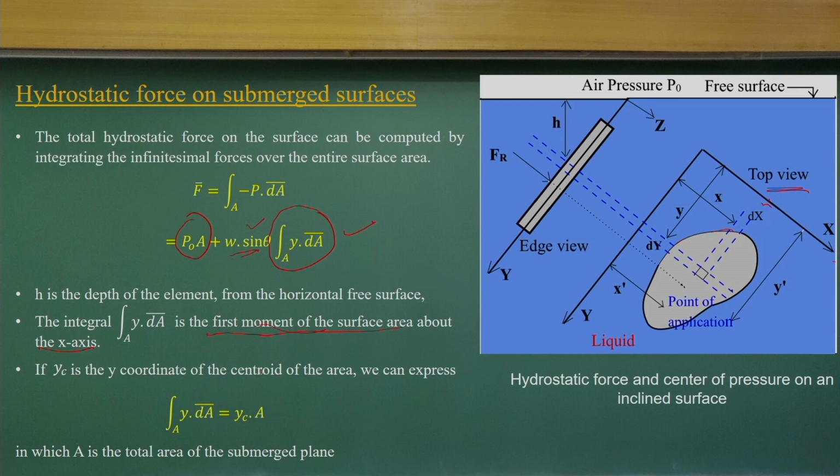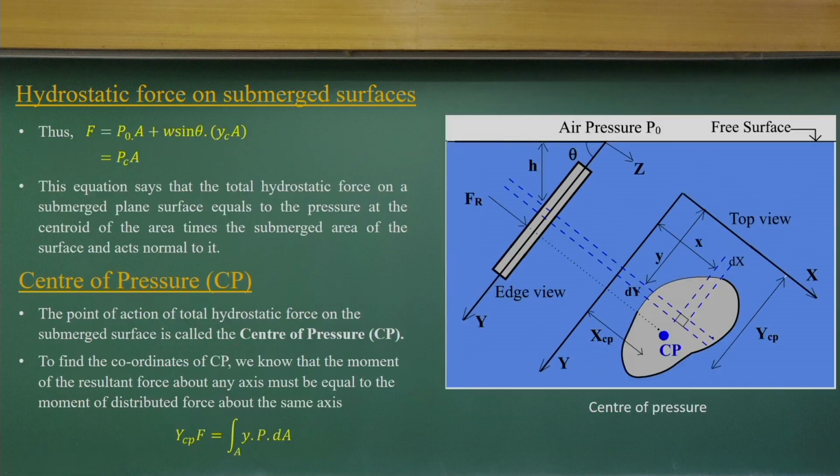So, if you integrate this first moment, it will become the centroid yc, the distance from the x axis along the y direction. If this surface has a centroid, this yc will come.